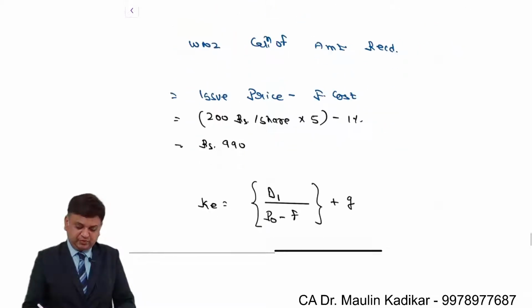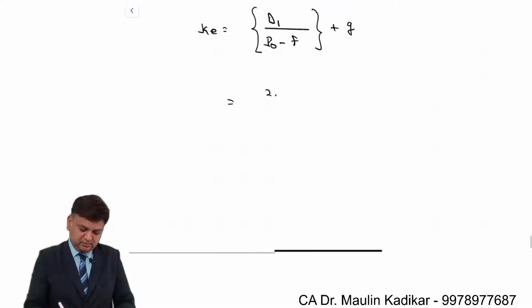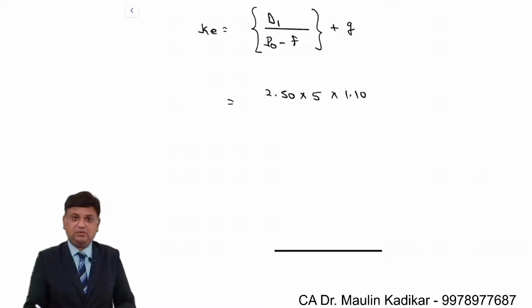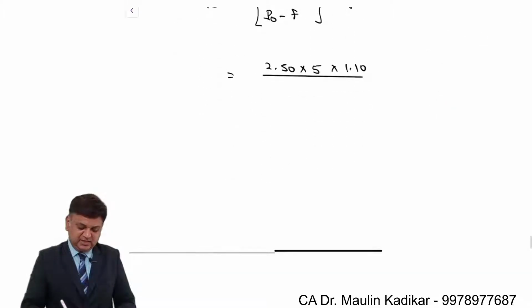Dividend per share is 2 rupee 50 paise into 5 shares, fine, into 1.10, to convert that into D1, divided by 990 plus 0.10.